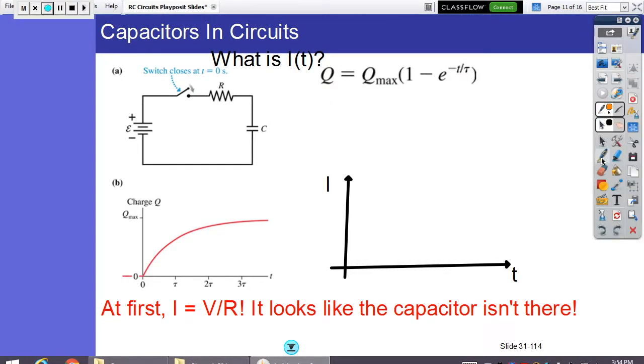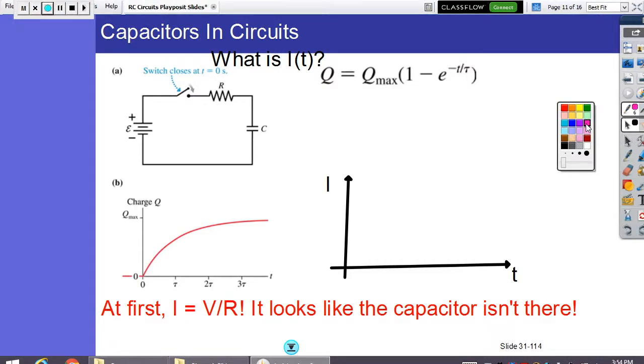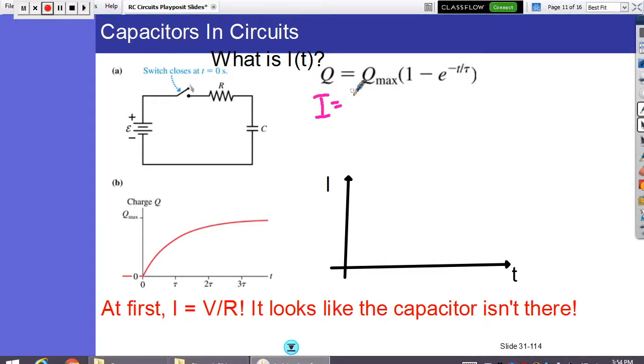what is my current? Reminding ourselves that I is going to be the rate of change of charge. In this case, it's the positive derivative because our charge is increasing over time. So if I take that derivative, I still get Q max out front. It's just a constant. My 1 goes away.